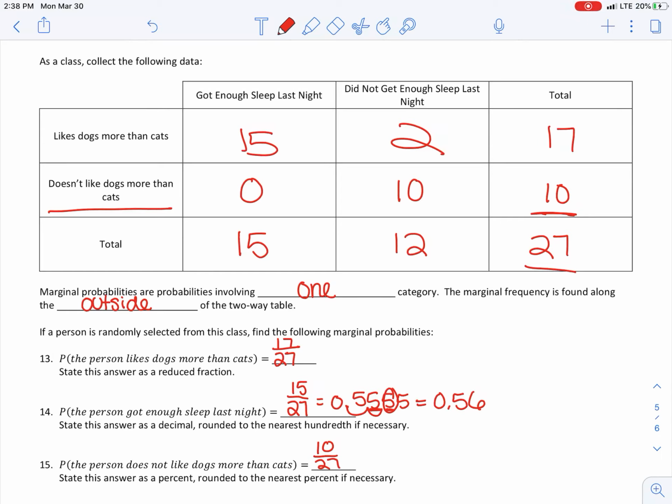It says state your answer as a percent rounded to the nearest percent if necessary. So we take that 10 and divide it by 27, and we get this big long decimal. I'm not going to write the whole thing out. But once we get that decimal, we take that times 100, and we end up with 37%.